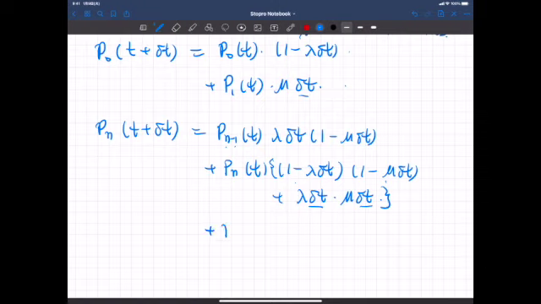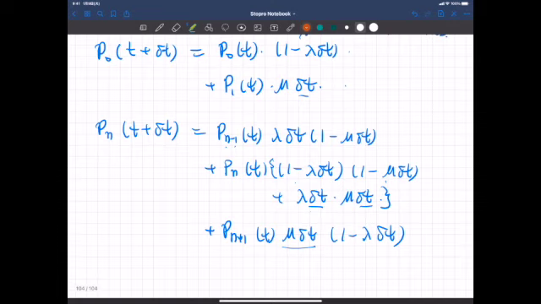And or there were n plus 1 customers at time t, and then one customer leaves, that's this probability, and no customer arrives. Okay, so let's see.